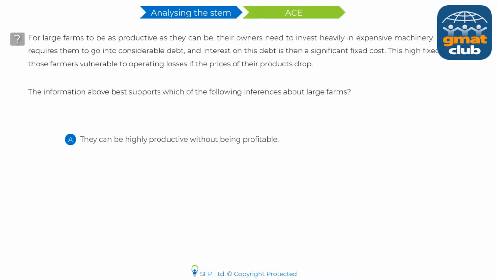Now, before you eliminate a choice, always understand the meaning of the choice. The information above supports, so this information supports which of the following? So the stimulus is supposed to support the answer choice, which means it's an inference question. And we are supposed to draw inferences about large farms.